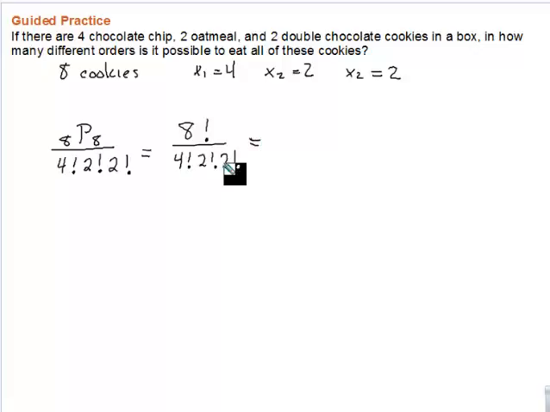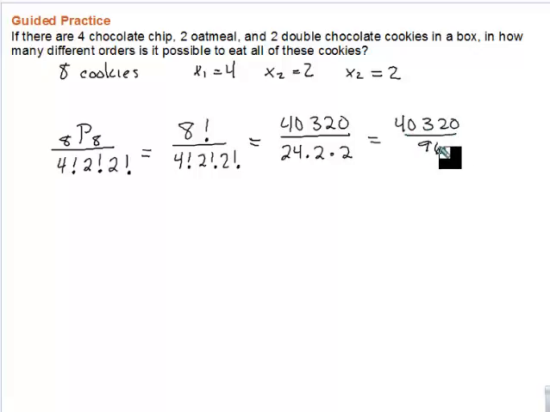Let me use this calculator this time. 8 factorial is 40,320. 4 factorial is 24, and then 2 and 2. So 24 times 4 is 96. So I have 40,320 divided by 96.